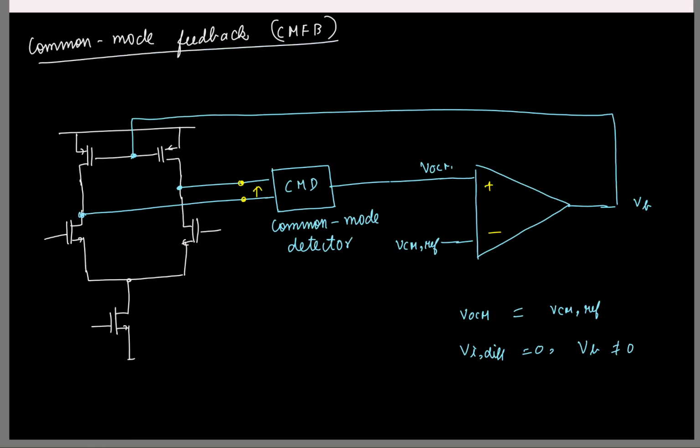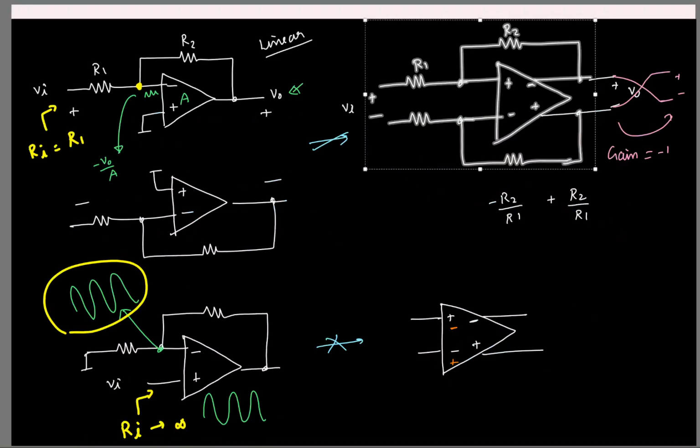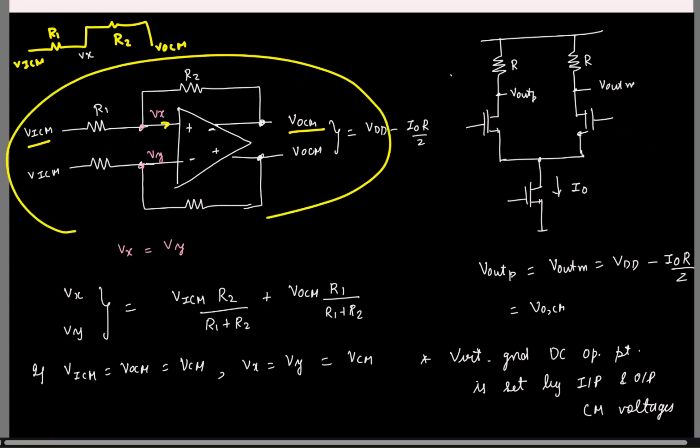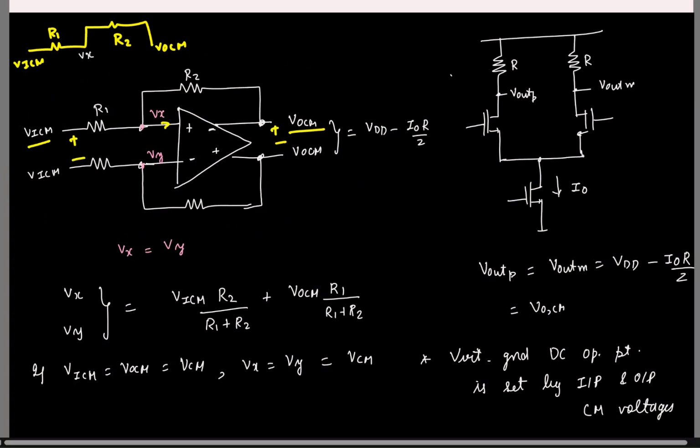That's all. And one other way in which you can understand why we should have this is, if I take my fully differential op amp here, the feedback I am putting around the op amp is setting the output difference to be equal to the input difference times R2 by R1 or something.